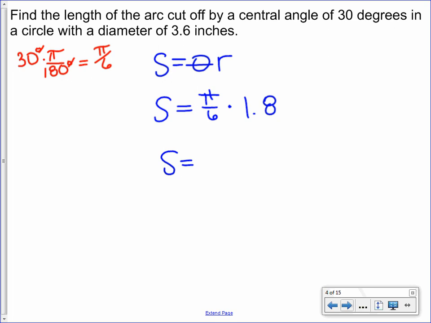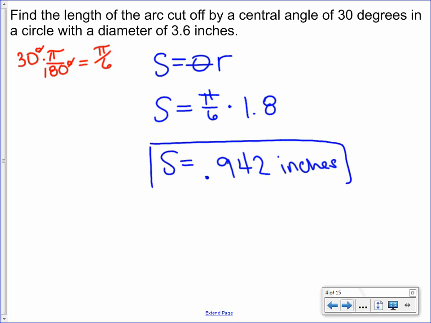Anybody? About 0.94. Since our radius was in inches, our arc length will be in inches. Easy enough?